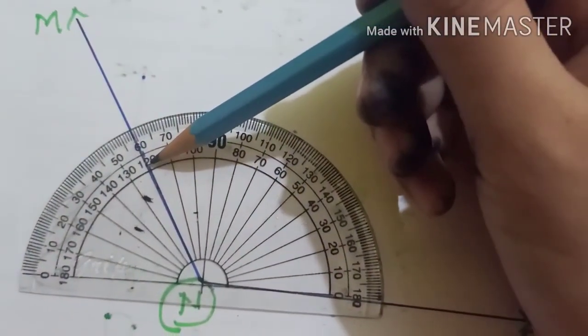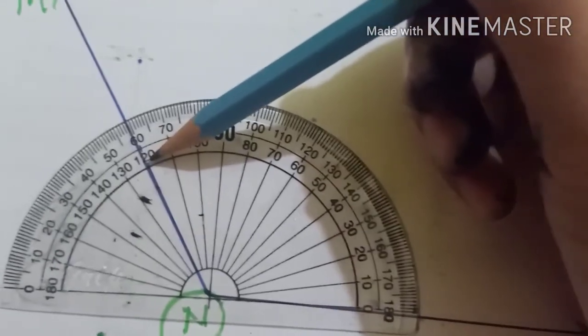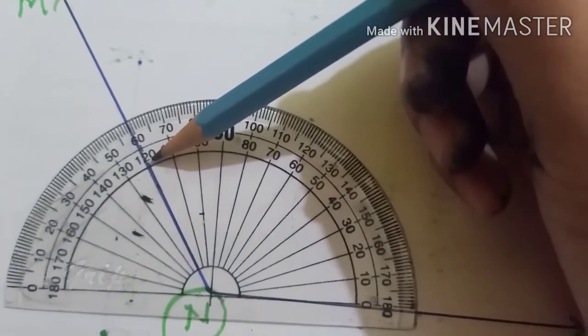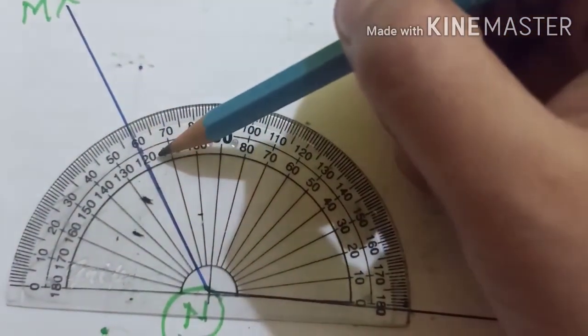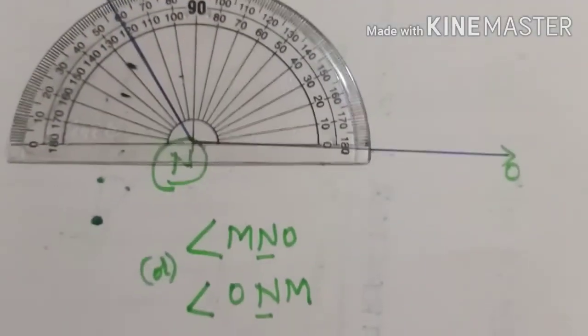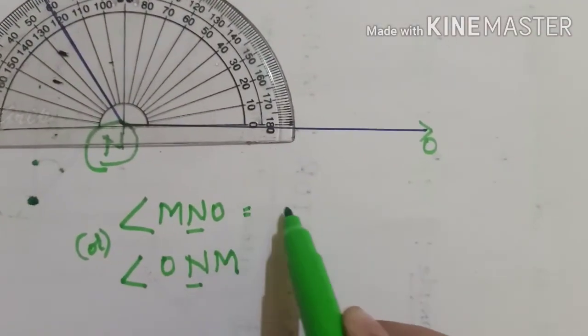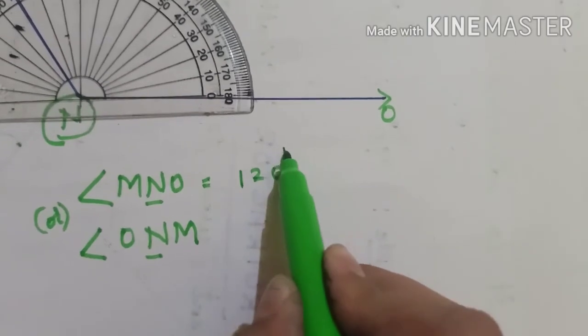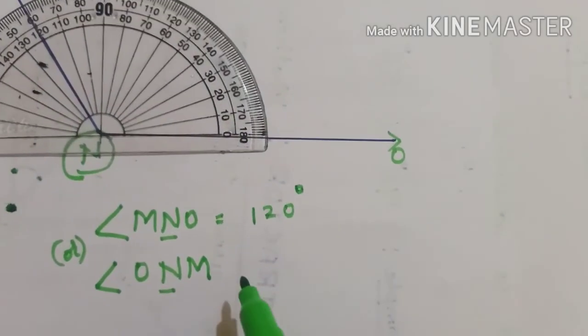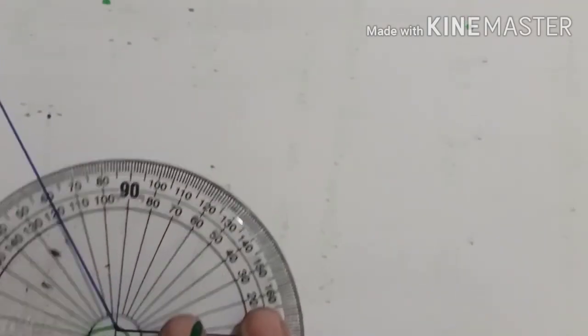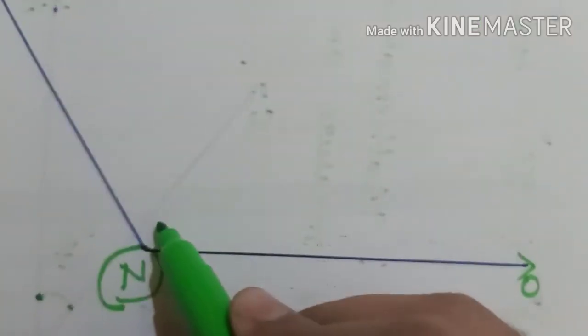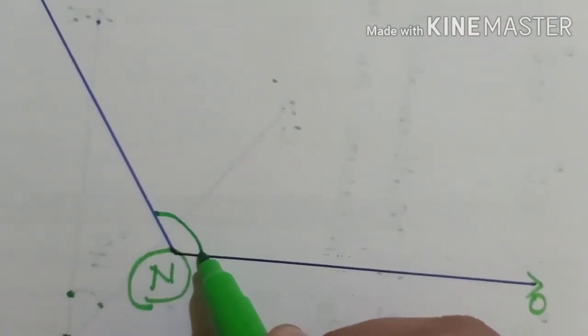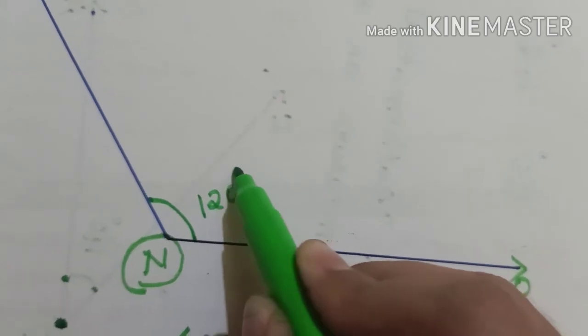It is coinciding at, can you see, 120. So the measure of the angle is 120 degrees. You can also represent it here: the measure of this angle is 120 degrees.